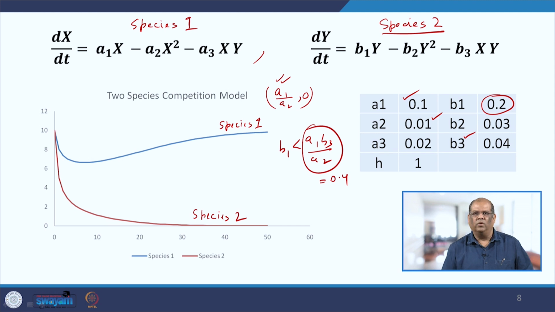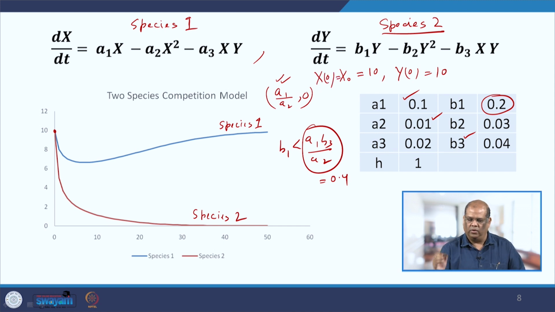The numerical values are chosen in that manner. So, in this particular case, your species 1 survives and your species 2 goes extinct. Both of them start with the same initial condition, that is 10. So, we have taken x0 equal to 10 and y0 equal to 10, where x0 means the value of x at time t equal to 0.